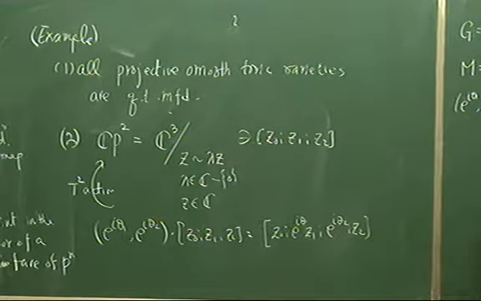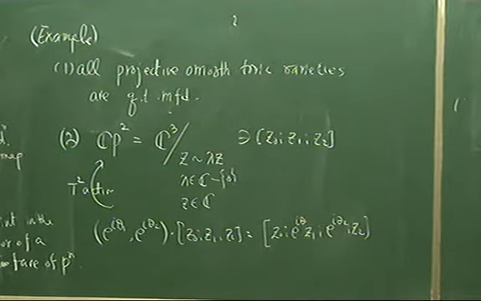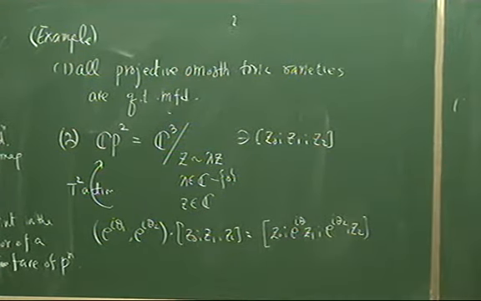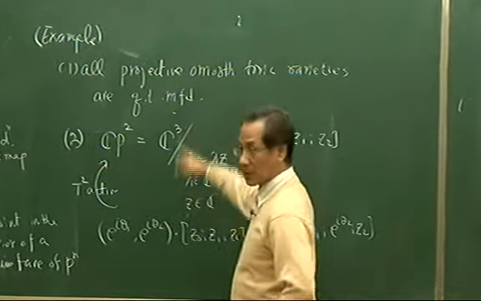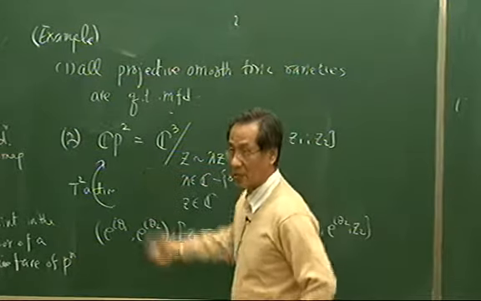So this is a quasi-toric manifold if you have this kind of action. Why?